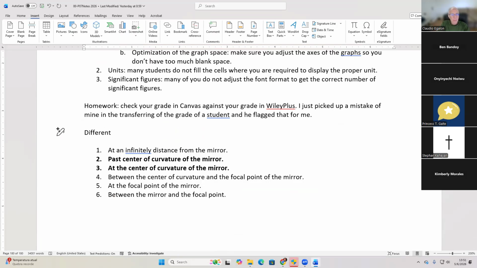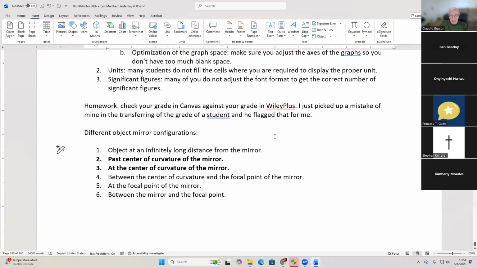Okay, so here you go. Different object mirror configurations, right? Object at an infinitely long distance from the mirror.